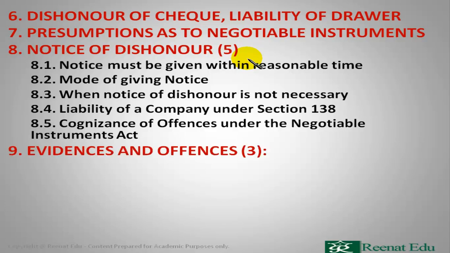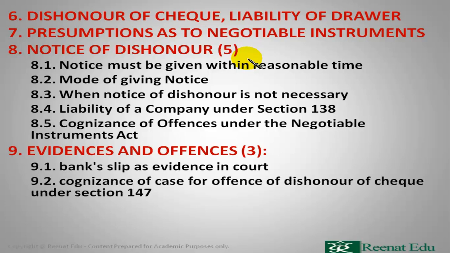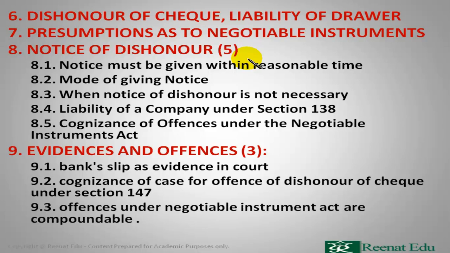And the ninth is evidence and offences. It has three sub-elements: bank slips as evidence in court, cognizance of a case for the offence of dishonor of cheque under section 147, and this is a statement that is most likely to appear in the exam. Offences under the Negotiable Instruments Act are compoundable.